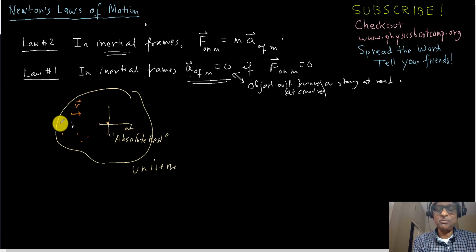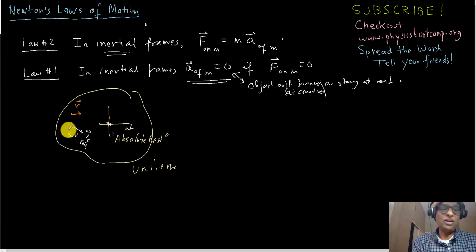Suppose we assume the Earth's, or the sun. Maybe this is the sun. You can say maybe the sun is moving at constant velocity with respect to this guy.